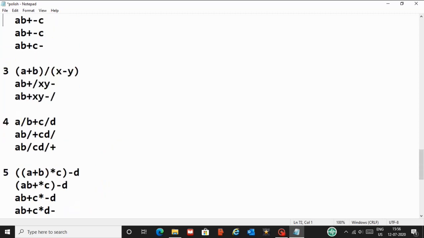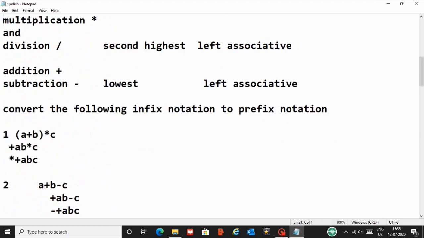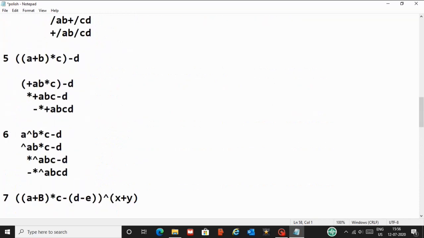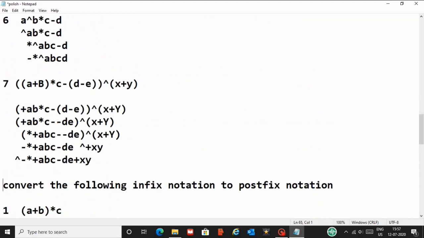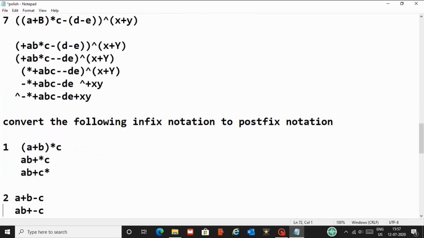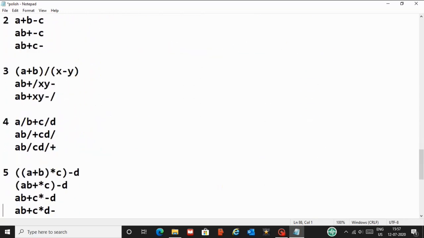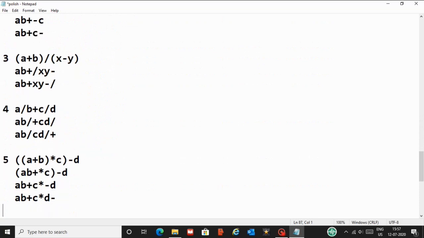So we did a few examples for postfix as well as prefix. In prefix, the operator is prefixed to the operands, whereas in postfix, the operators are postfixed, like after the operands. The main thing when you are converting is you have to check for operator precedence and associativity.